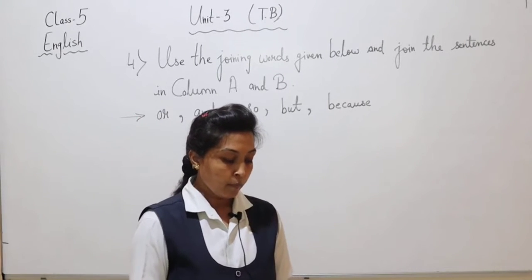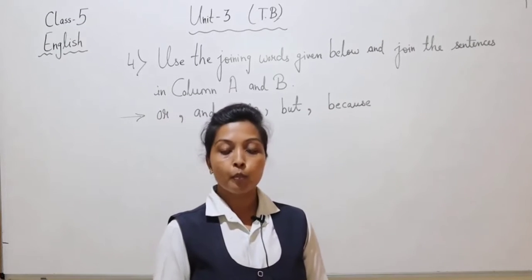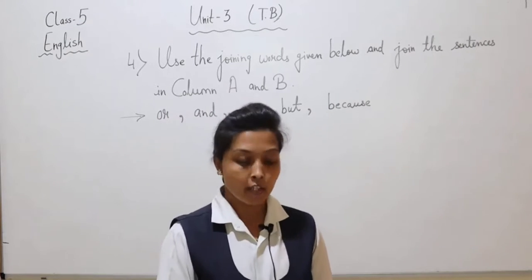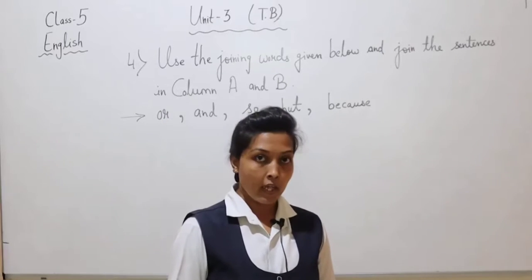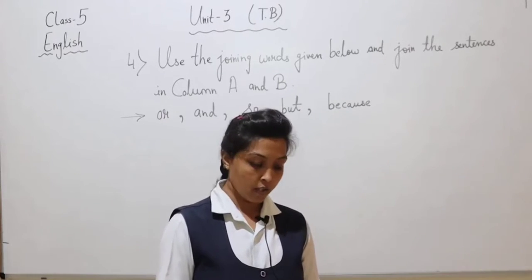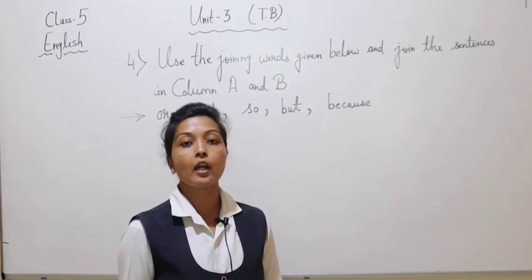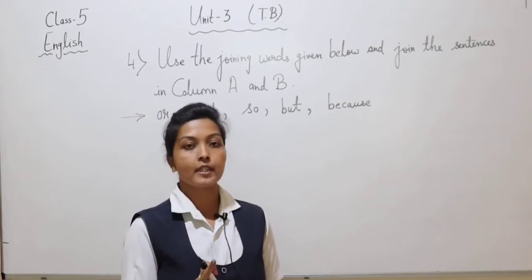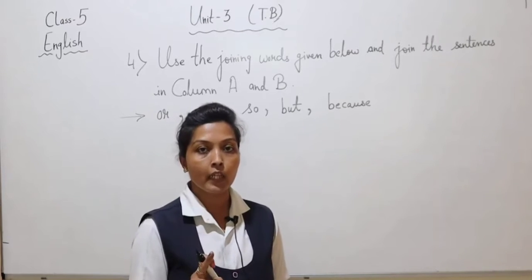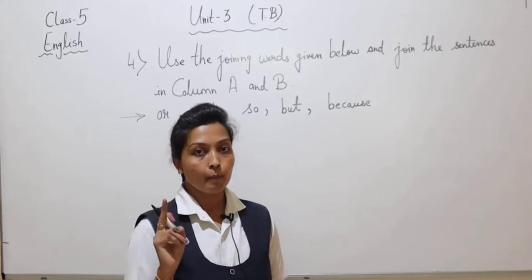In column A, first one, you people pay attention in your textbook. 1, I can sing well, but I can't dance at all. We join the first sentence by using but.